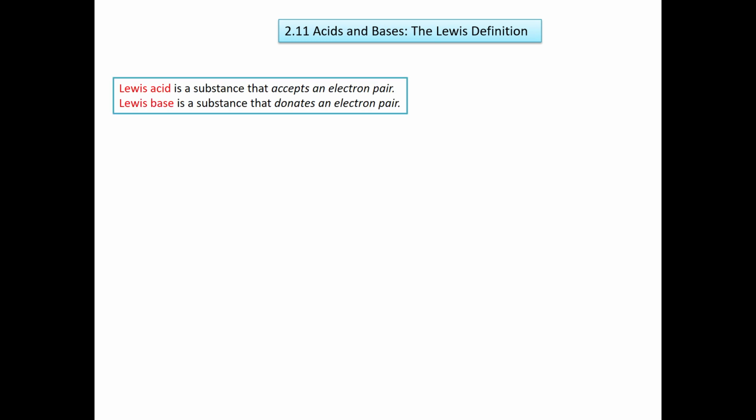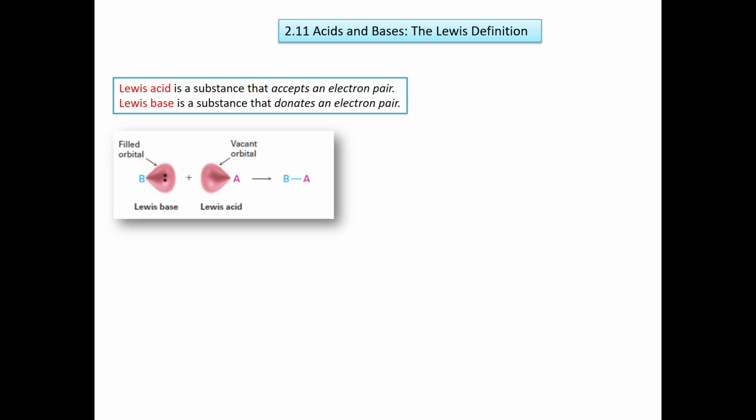What are Lewis acids and Lewis bases? A Lewis acid is a substance that accepts an electron pair, while a Lewis base is a substance that donates an electron pair. What does that mean? A Lewis acid is something that has an empty orbital.